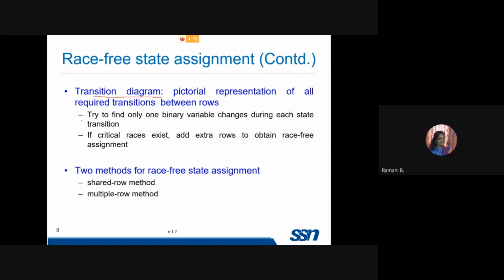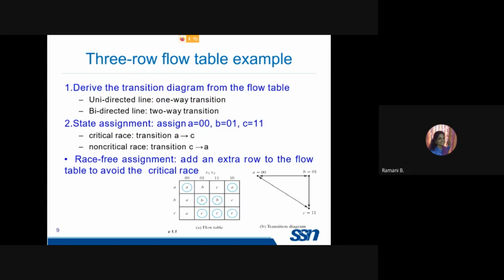So here we try to ensure only one binary variable changes during each state transition. If 2 binary variables change, we add an additional row by means of the shared row method or multiple row method in order to have a race-free assignment. So we shall see an example.